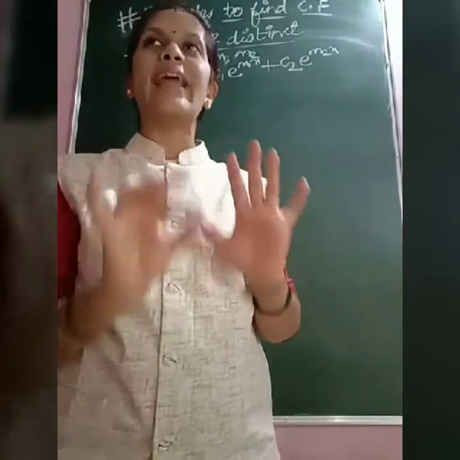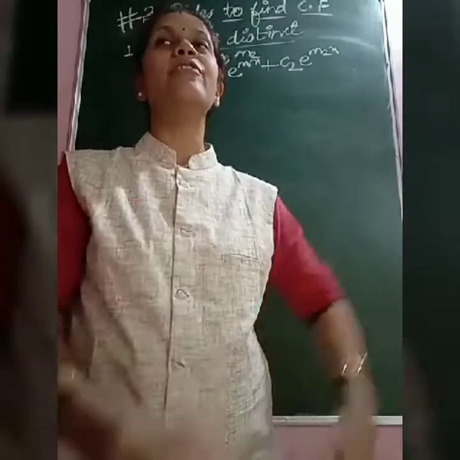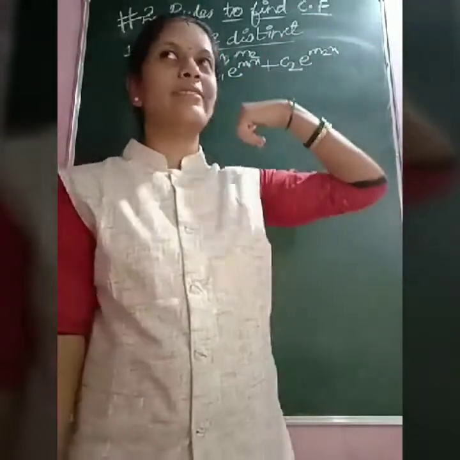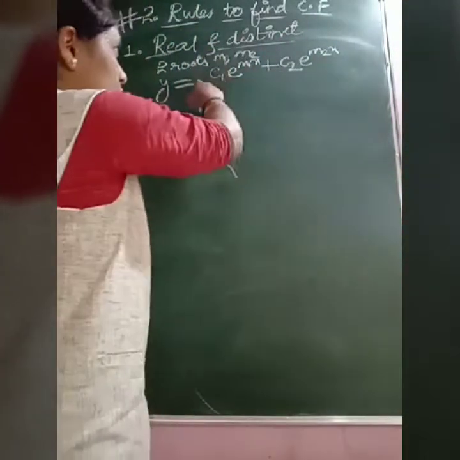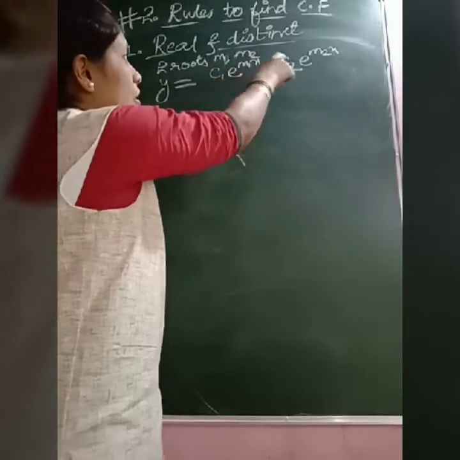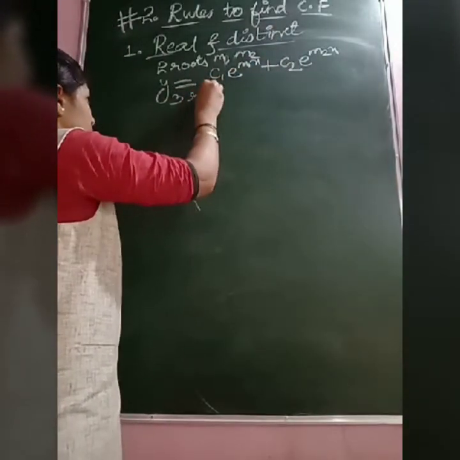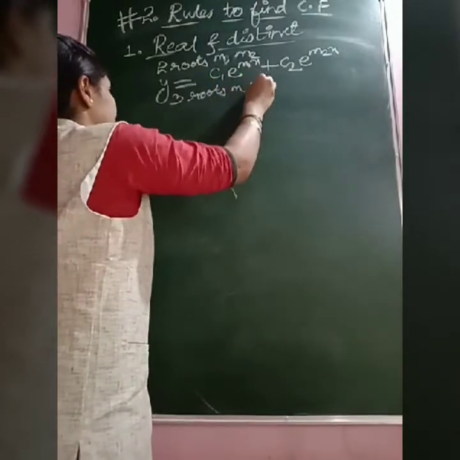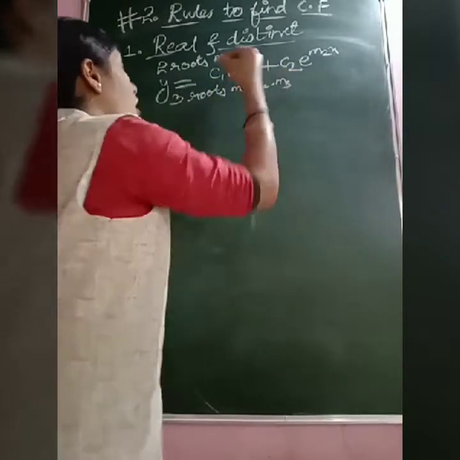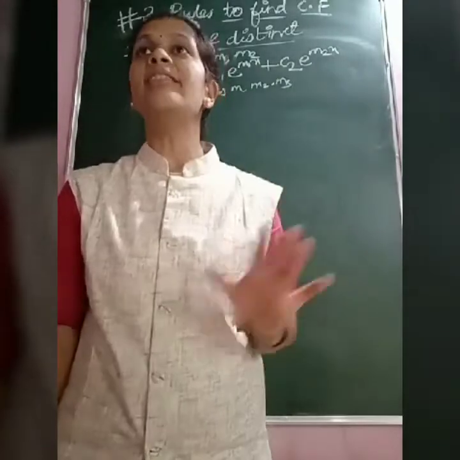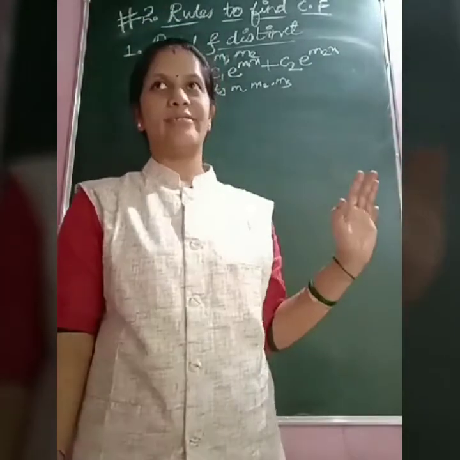So let me tell you directly how to write the CF for case 1, that is roots are real and distinct. Two roots m1 and m2, so two constants C1 and C2. Suppose three roots m1, m2, m3, all the three are real and distinct.